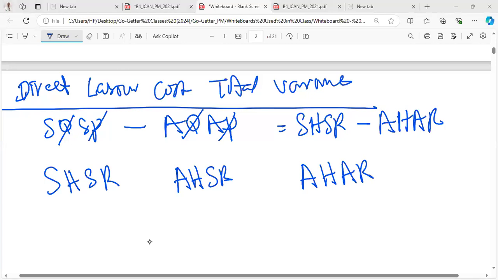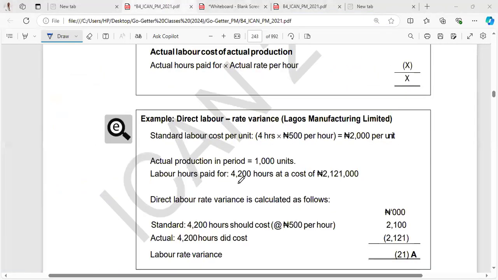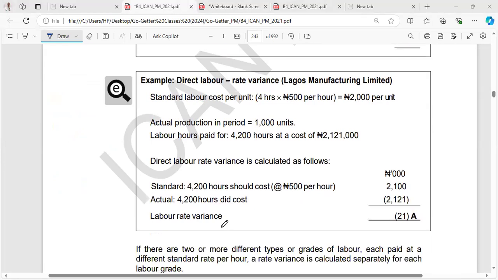Someone is still asking, is it 4,000 we are going to use or 4,200? We are going to use 4,200 because the question says labor hours paid for. Look at the question here. It said labor hours paid for. Normally, labor hours have what is worked and what is paid for. Use the labor hours paid for when you are calculating variance.